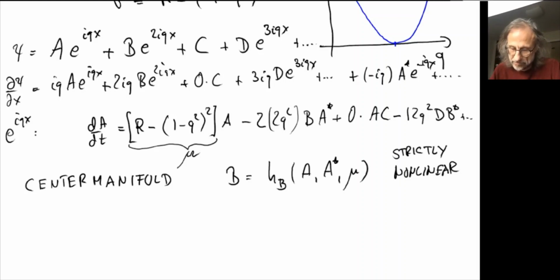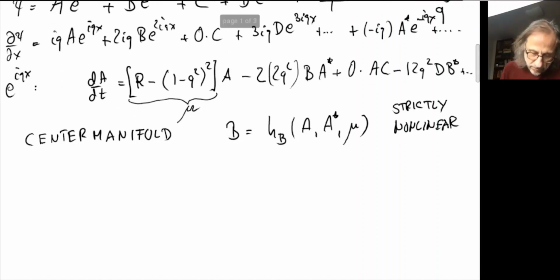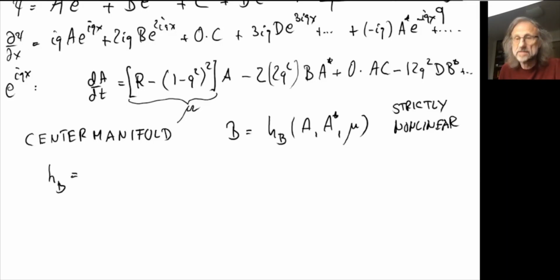So we do our Taylor expansion, and well, let's do it. So HB, we expand as, well, it has to be quadratic in its arguments. So there's a term alpha B times A squared.